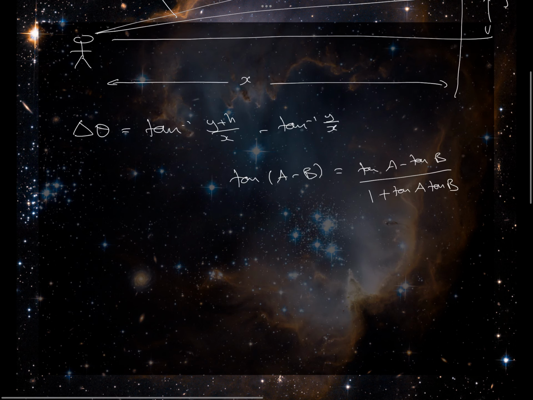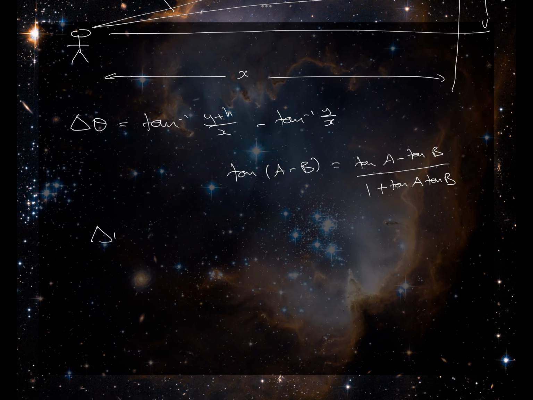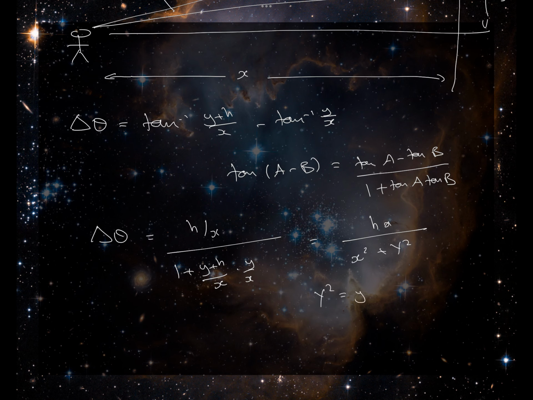So we can write delta theta as h over x divided by 1 plus y plus h over x times y over x. And that's hx over x squared plus y squared, where y squared is y into y plus h.